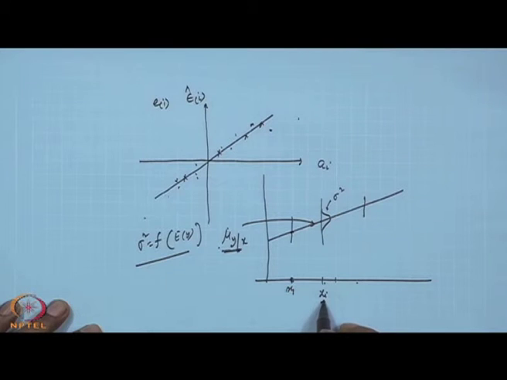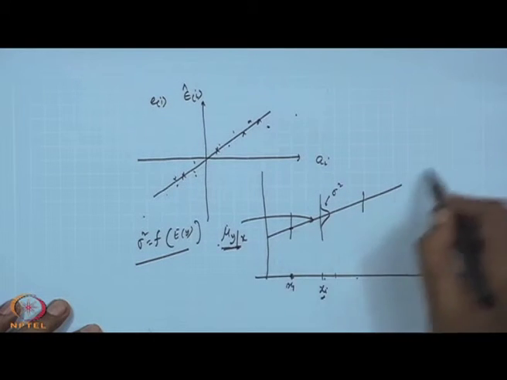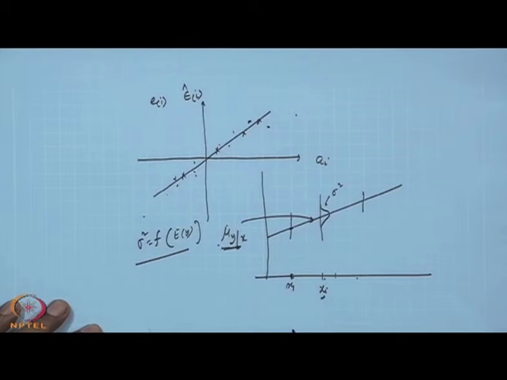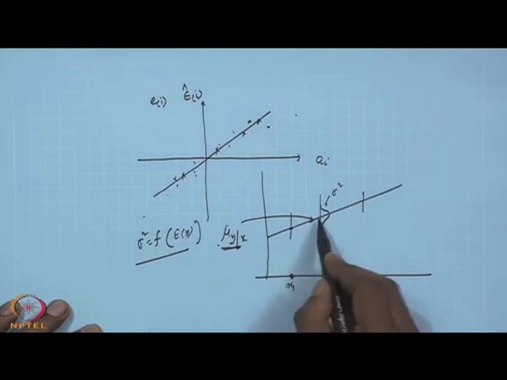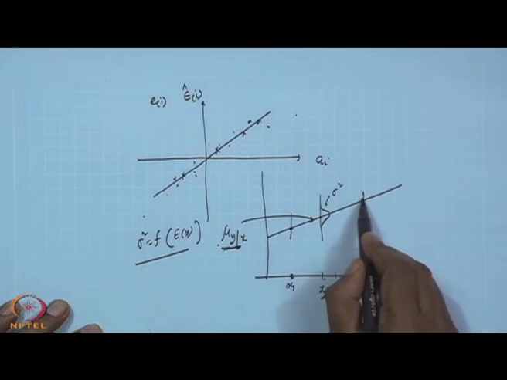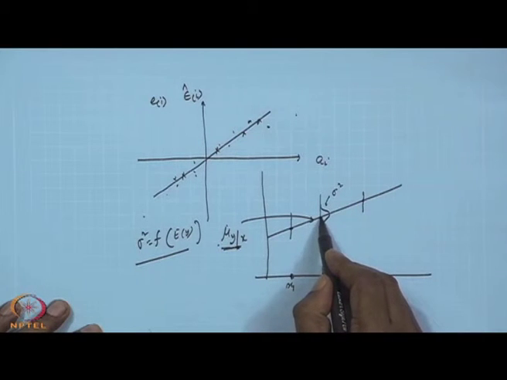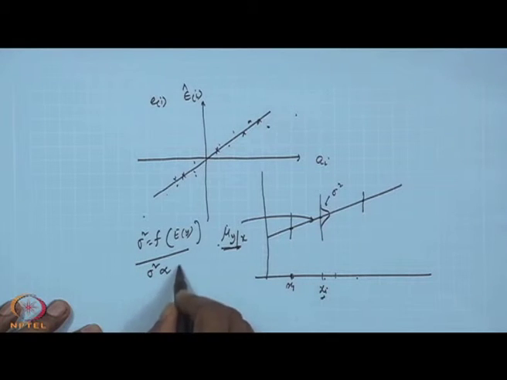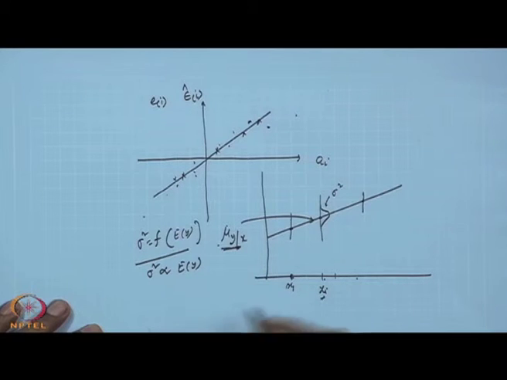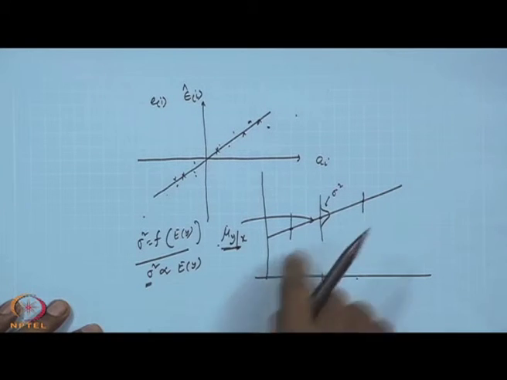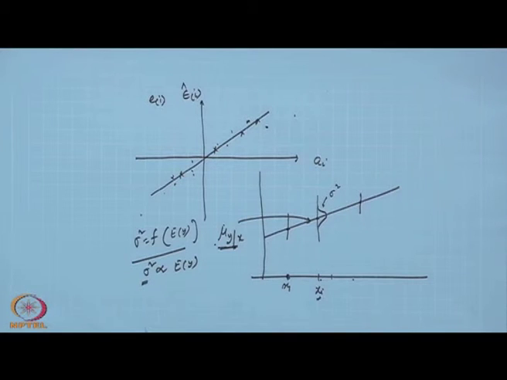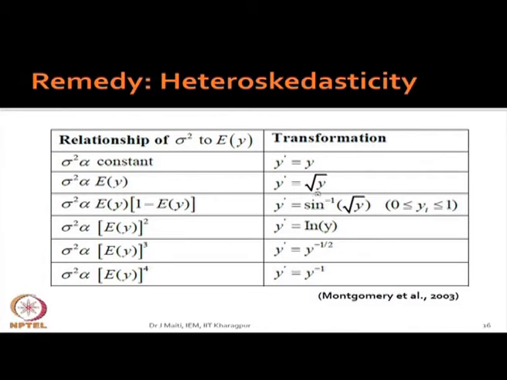This one is for xi. Now this is the regression line, so it is increasing: when x is increasing, y is increasing. So this conditional mean is higher than this one. Now, if sigma square is proportional to the expected value of y, then sigma square is also increasing. Under this condition you will go for a square root transformation.